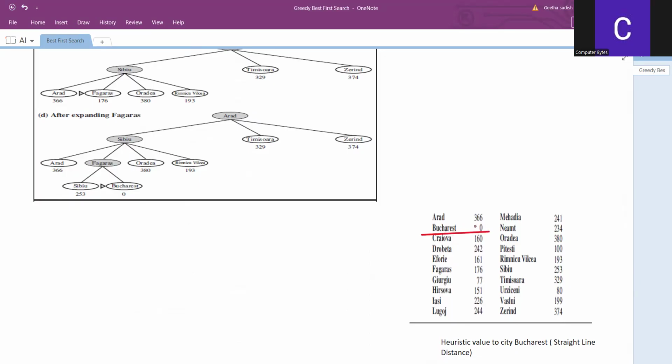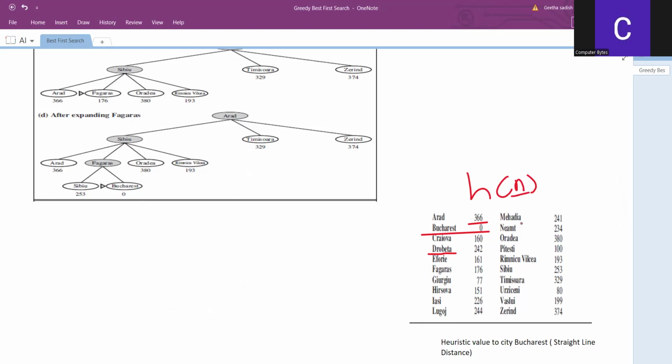So its distance will be what? 0, because a city's distance to the same city will be 0. From Arad to Bucharest, it is 366. That is, from A to B, the straight line distance is 366. And from D to B, it is 242. Like this, a table is given. This is the h of n from each node.